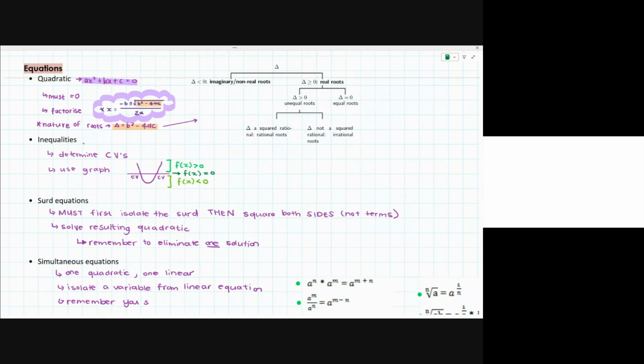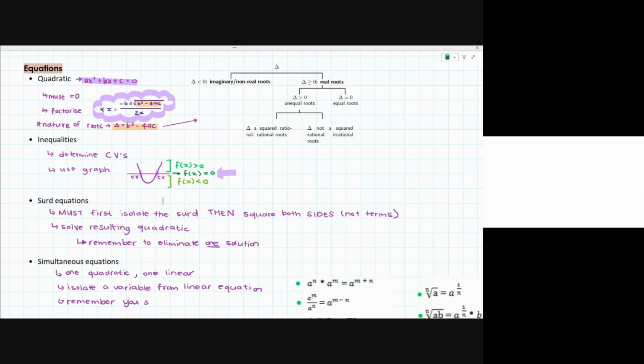So for example, when I'm telling you that f of x is greater than 0, we're talking about the arms above the x-axis. If we are talking about a situation where your expression is equal to 0, we are talking about our roots, our two x-intercepts.